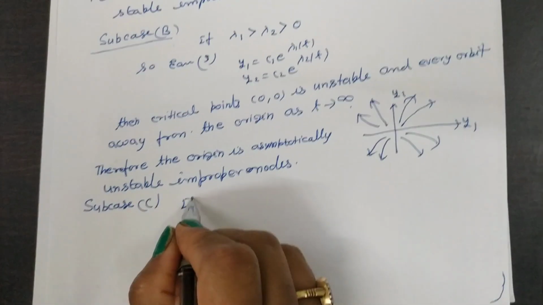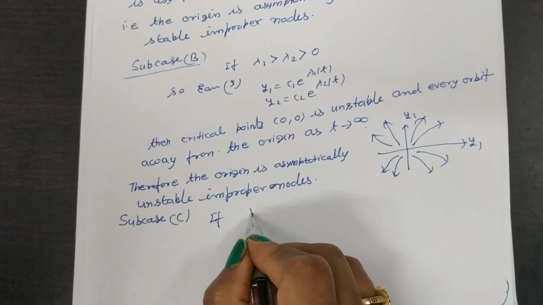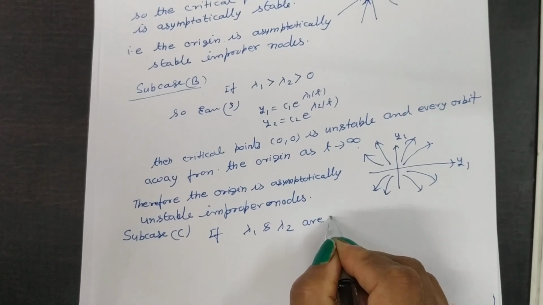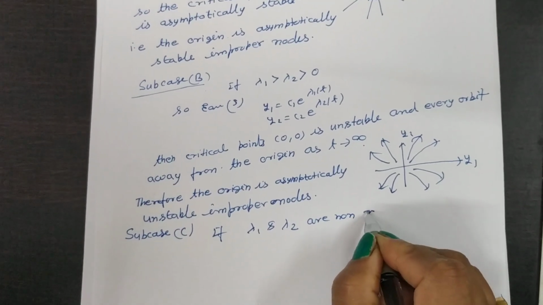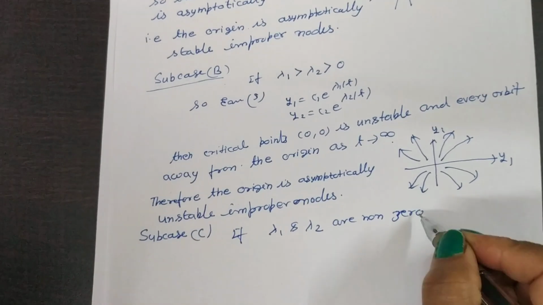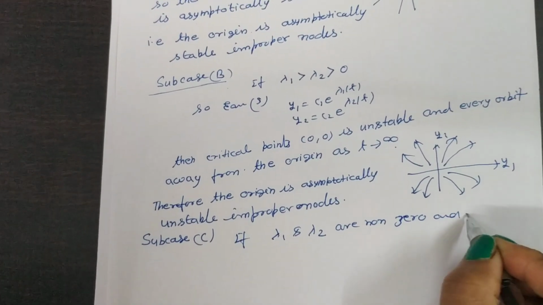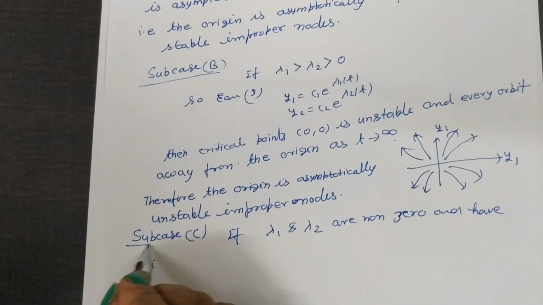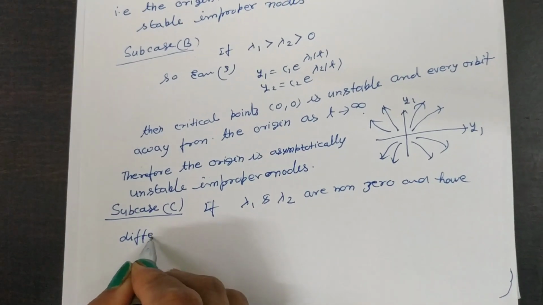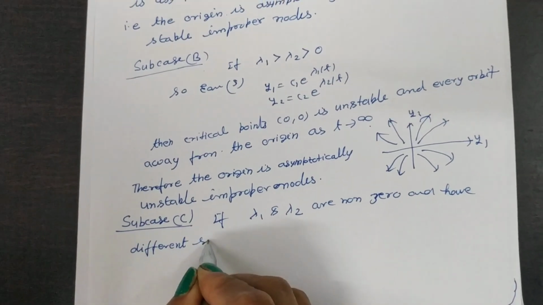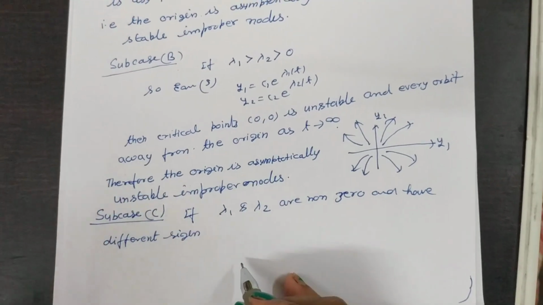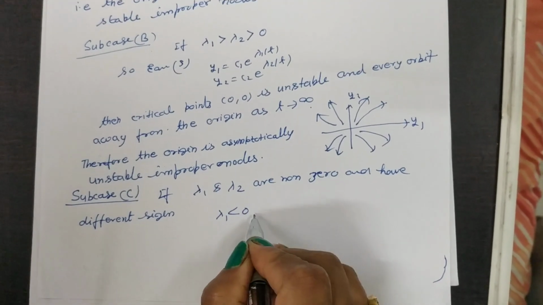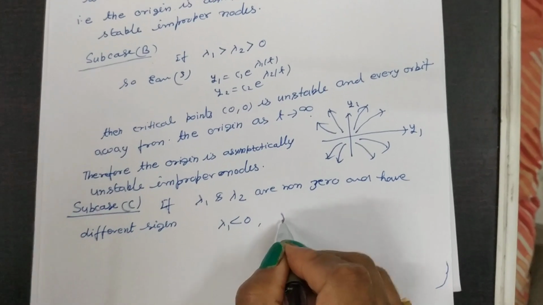If both roots lambda 1 and lambda 2 are non-zero and have different signs, suppose that lambda 1 is less than 0 and lambda 2 is greater than 0.